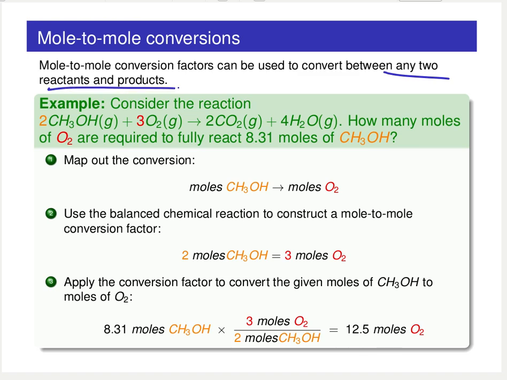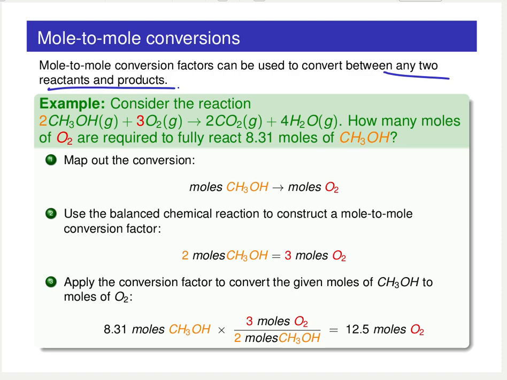So let's consider a slightly different question, where we're given methanol and oxygen reacting to form CO2 and water, a combustion reaction, and we want to determine how many moles of O2 are required to fully react 8.31 moles of our methanol, CH3OH.